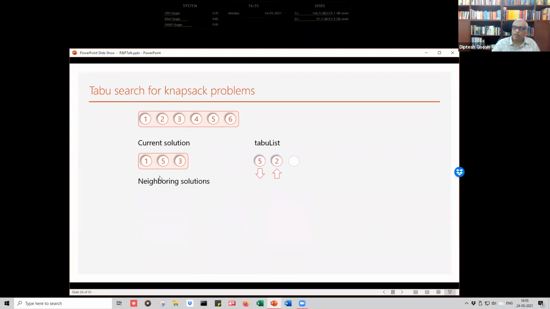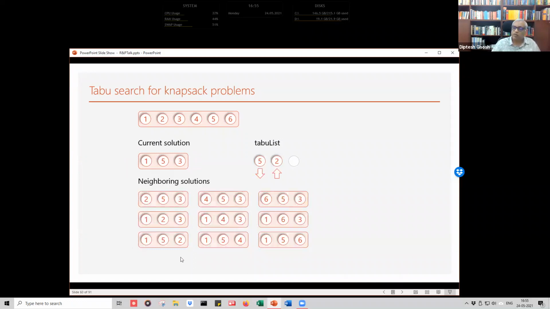So in my next step, my current solution is 1, 5, 3. If I look at 1, 5, 3 and all the neighbors, these are all the neighbors. Now, how is this point achieved? This point is achieved by throwing out 1 and bringing in 2. I can't do that, so this is taboo.